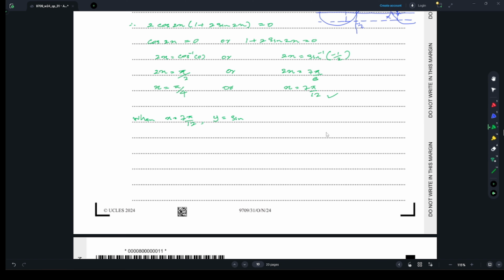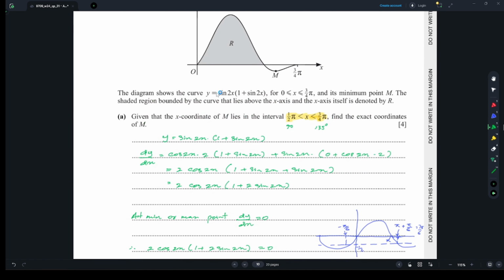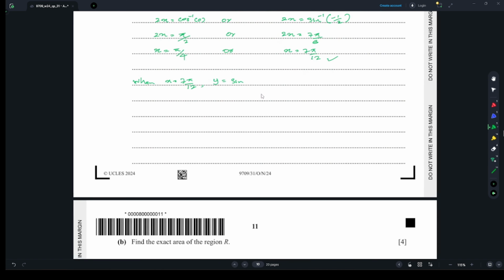Sine, we had 2x and this one. So 2 times 7 over 12 times 1 plus sine again 7 over 12.